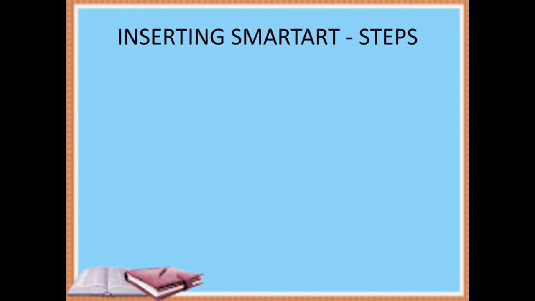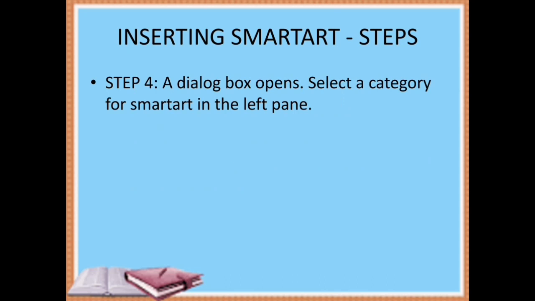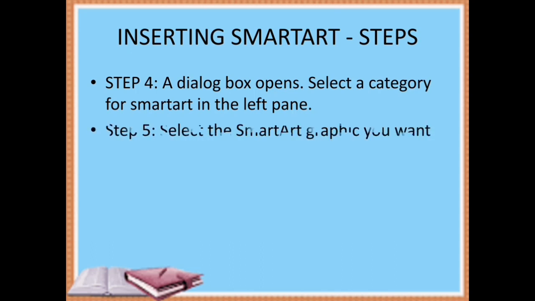The next step, a dialog box will open. Select a category for the SmartArt in the left pane. In the left pane, you have to select which SmartArt you want. Then select the SmartArt graphic you want and click on OK.